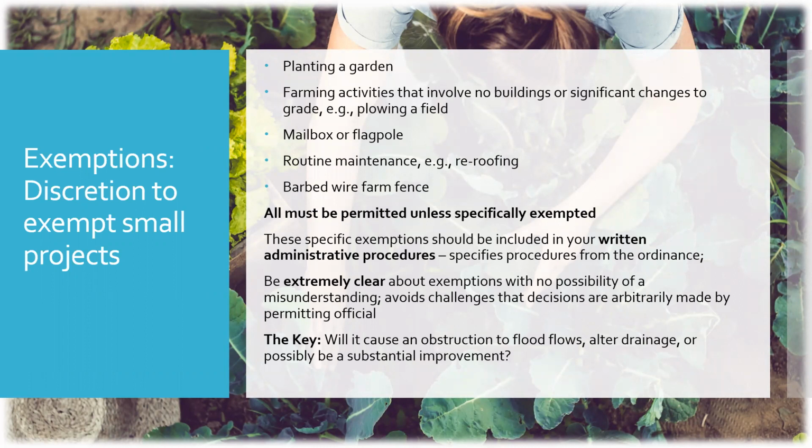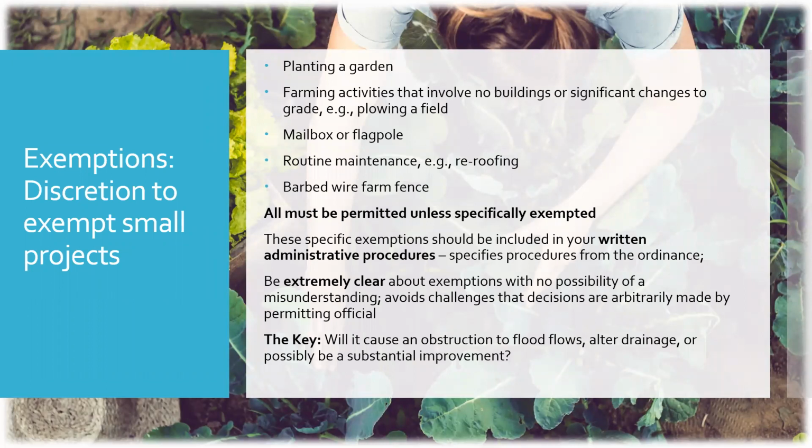That way, if you're really clear about it and you have all of these written processes and certain projects that don't need a permit, people won't be able to challenge you that you're making arbitrary decisions, that you're letting some people do things and not others, if you have this document that explicitly states what doesn't need a permit.